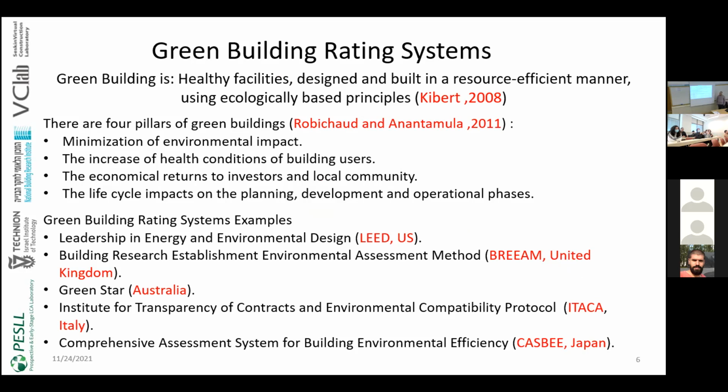There are different green building rating systems around the world, like Leadership in Energy and Environmental Design related to the United States, Building Research Establishment Environmental Assessment Method related to the United Kingdom, Green Star in Australia, Institute for Transparency of Contracts and Environmental Compatibility Protocol in Italy, and Comprehensive Assessment System for Building Environmental Efficiency in Japan.